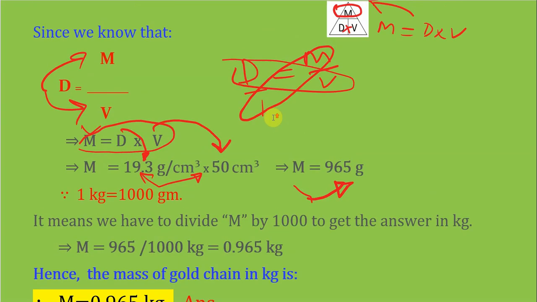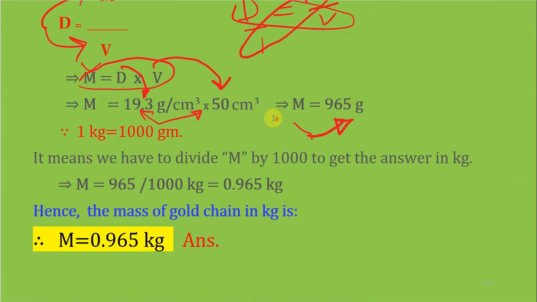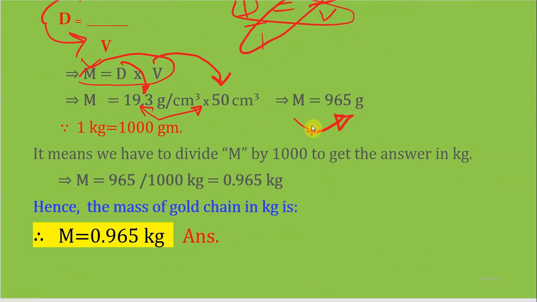But the problem here is they want the answer in kilogram, they don't want the answer in gram, and what we get here is in gram. So here is the relation, 1 kilogram is equal to 1000 gram. To convert gram into kilogram, you have to divide by 1000.